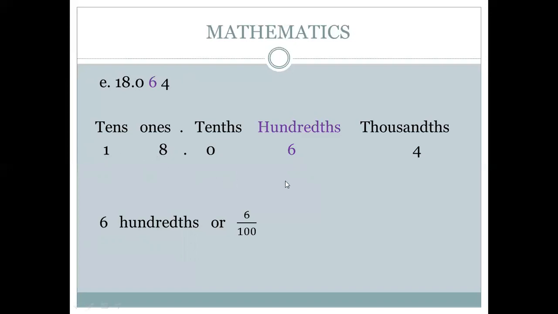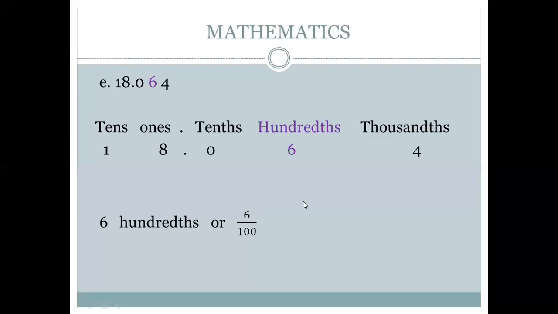Why do we write ones and tens? Because they are whole numbers, there is no decimal over there. So we write 8 under the ones and 1 under the tens. Now see where 6 falls. 6 falls on the hundredths place. So the place value of the 6 is 6 hundredths, or 6 over 100.